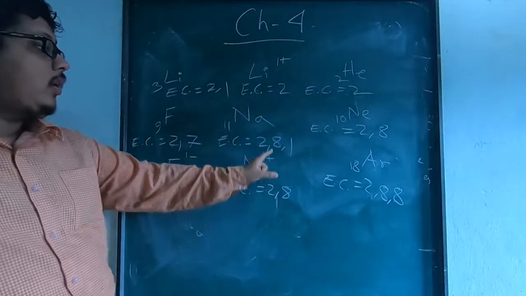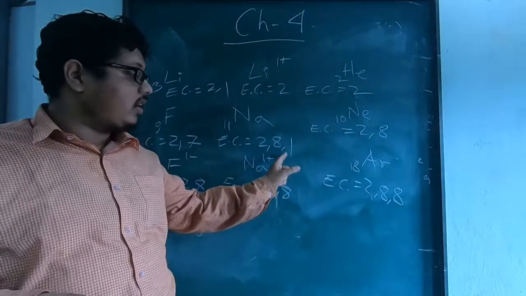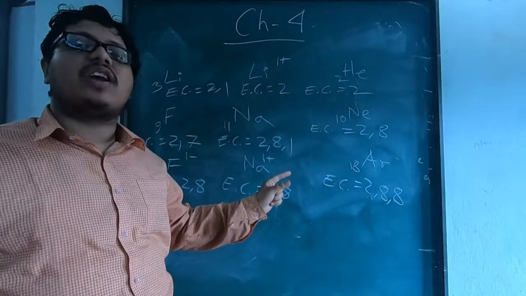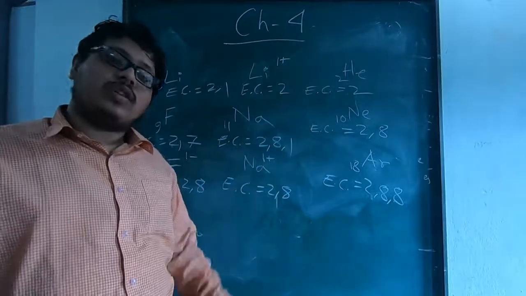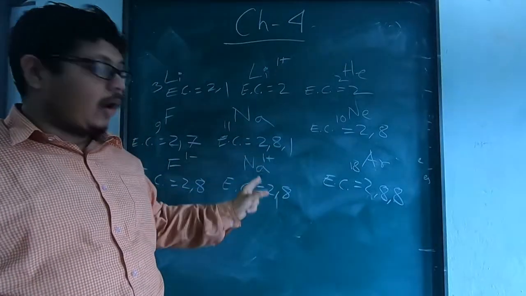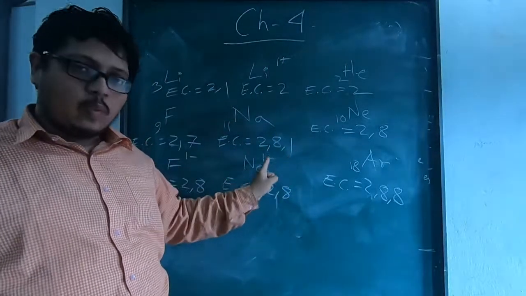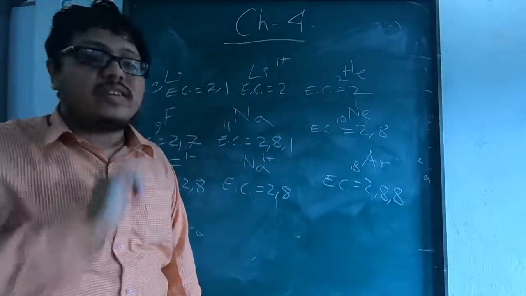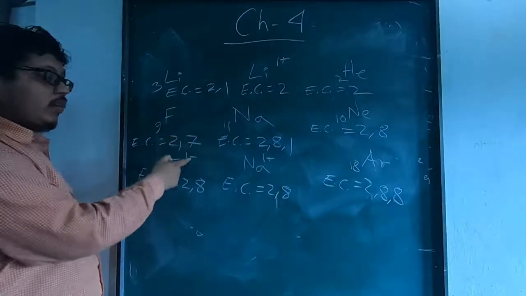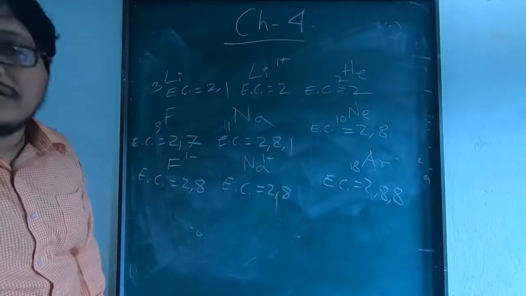Here both are the same. You see, how many last shell electrons, valence electrons? 1, right? So valence electron is 1. But how many did it lose or gain? It lost 1. Valency also 1, +1. But that does not mean that it will always be the same. In the earlier case, you can see valency and valence electron are not matching.